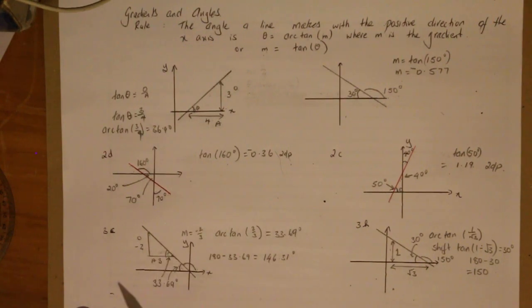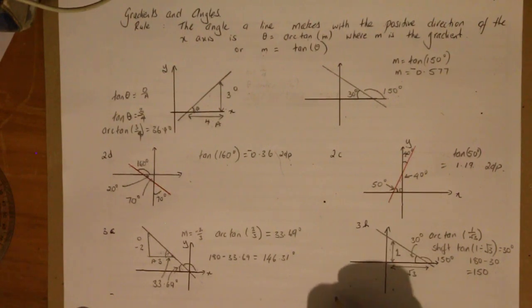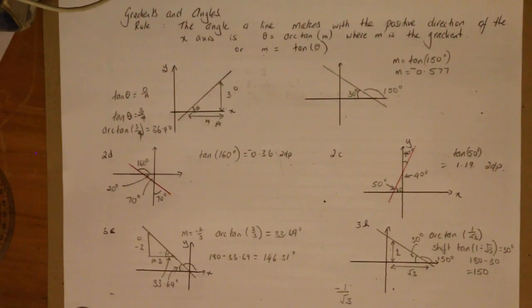This example here I've made overly complicated because if we draw our triangle so the base is the x-axis, it makes things a lot simpler. So in question 3H, we were told that the gradient is negative 1 over the square root of 3.